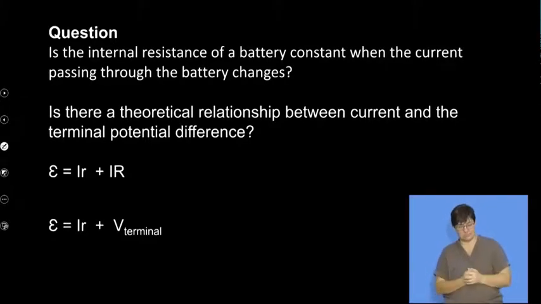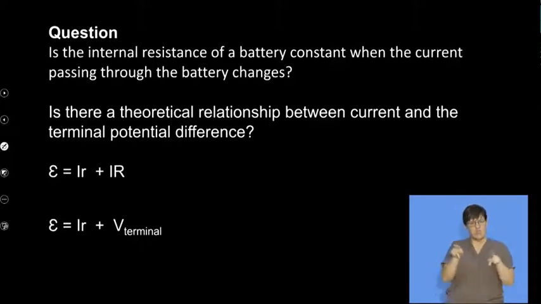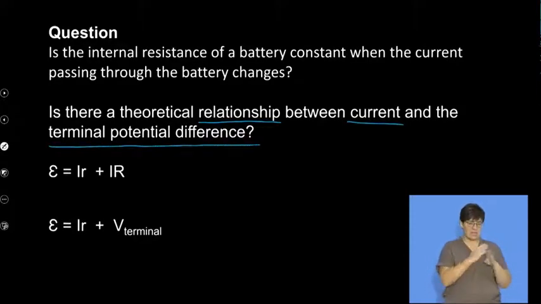We are asking, is there a theoretical relationship between current and the terminal potential difference? While we measure terminal voltage for a closed circuit, for the same battery, we also want to establish whether there is a theoretical relationship between current and terminal potential difference.